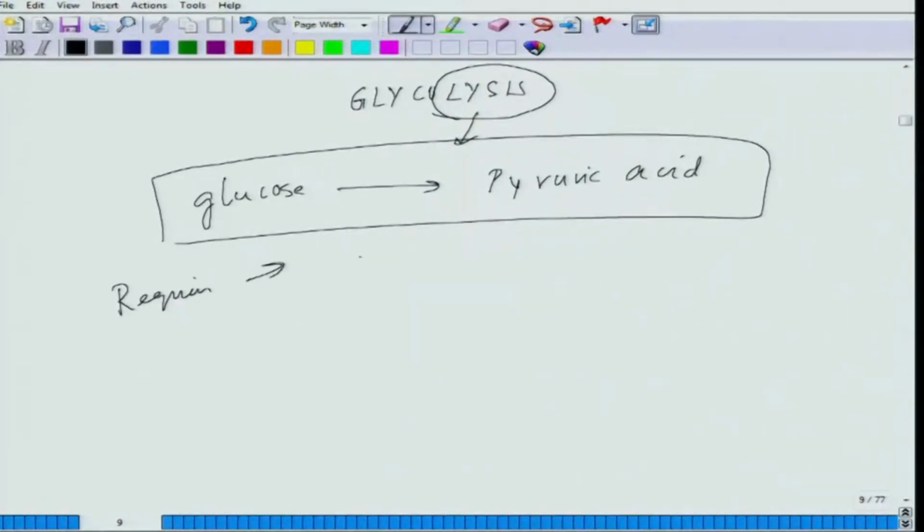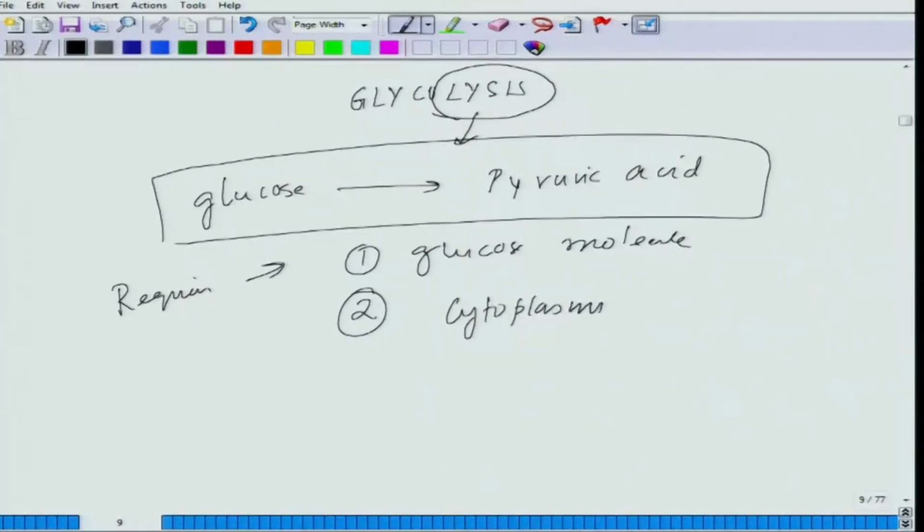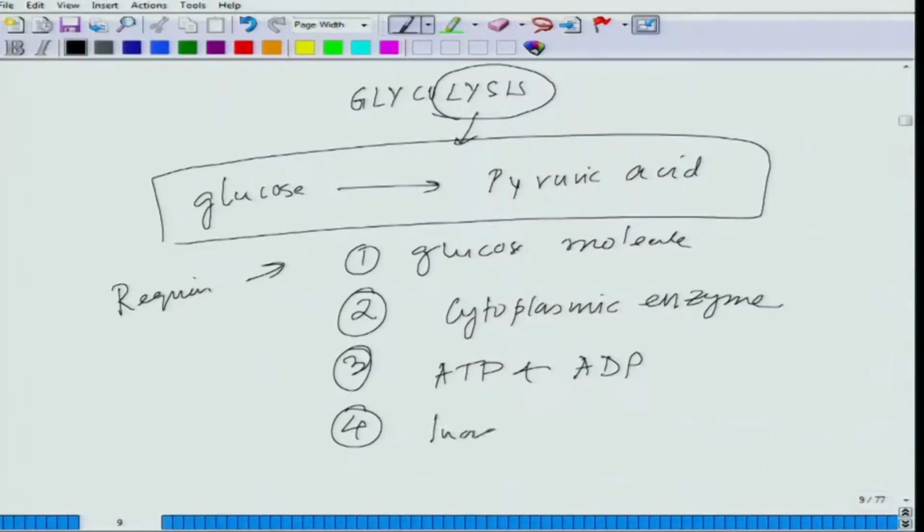There are certain basic requirements. The first one is glucose molecules. The second one is cytoplasmic enzyme. The third one is ATP and ADP. The fourth one is inorganic phosphate, and I need NAD and NADH.